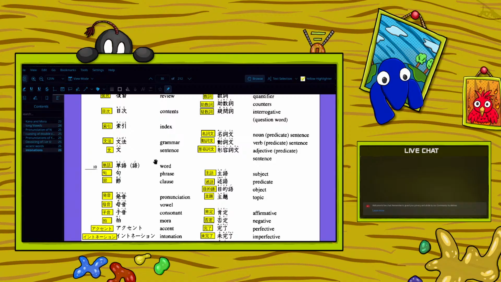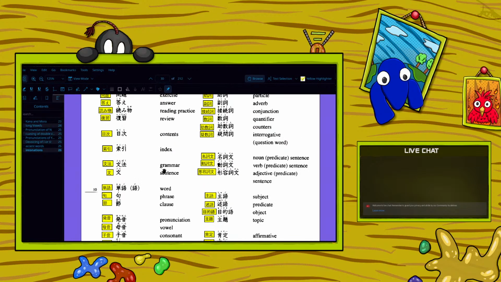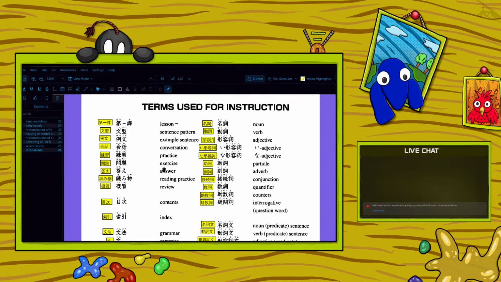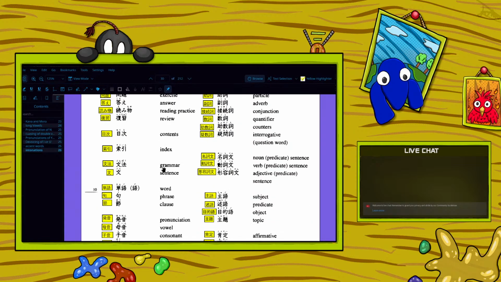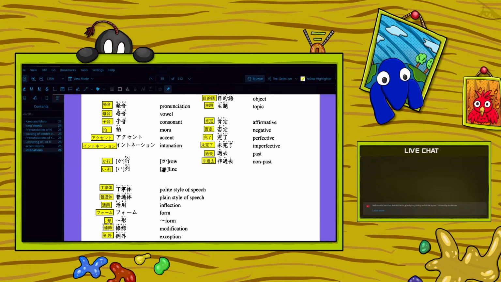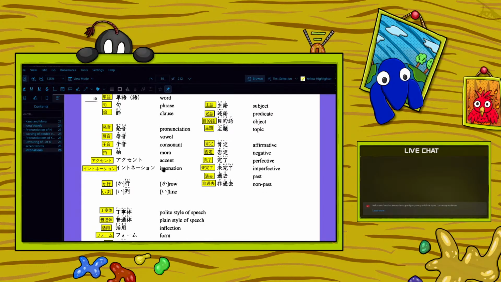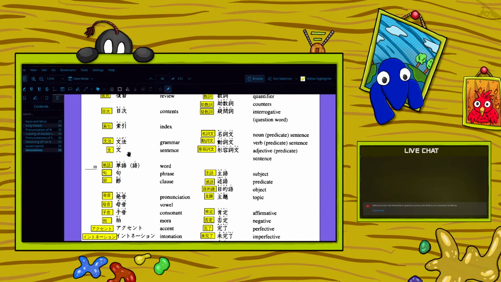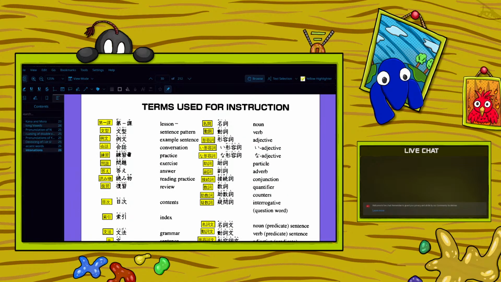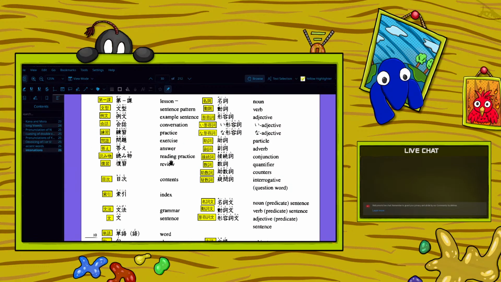Lesson, index, word, clause, context, answer, exercise, adjectives. Lesson, expansion, answer, practice reading at index.